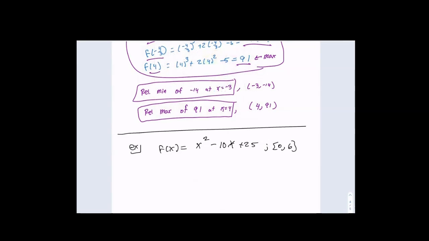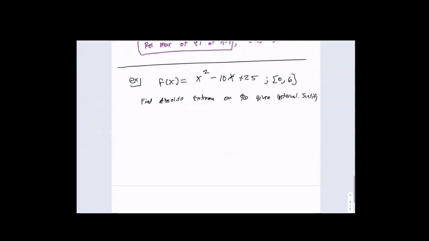And once again, we're going to find the absolute extrema on the given interval, and we want to justify. And justify and just plugging them in. It's kind of part of the process.